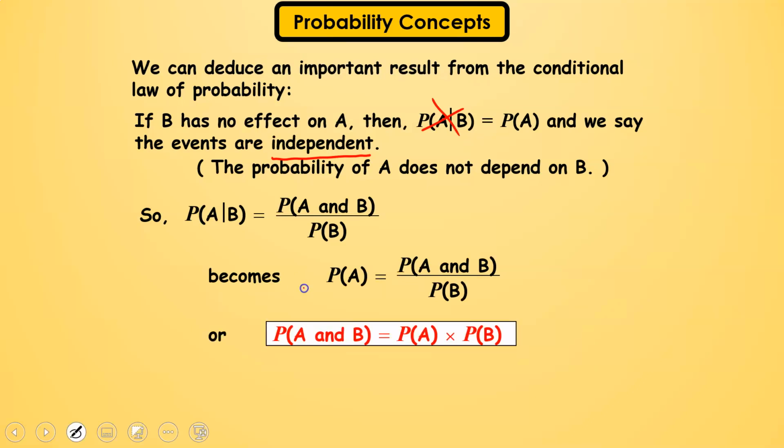In other words, if you multiply their individual probabilities together, you get the intersection, the probability of A and B. So if we want to know the probability that you randomly select a person from Christchurch who shops at the warehouse, you just multiply their individual probabilities together.